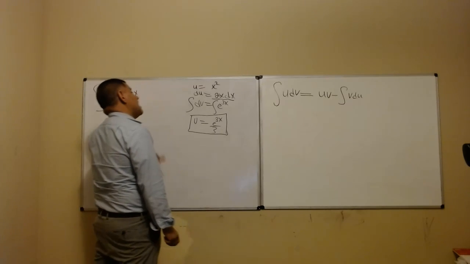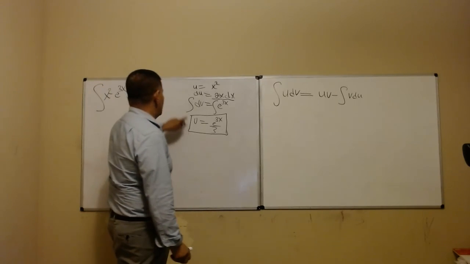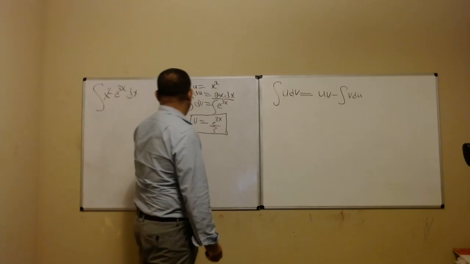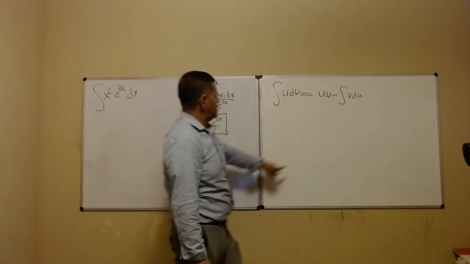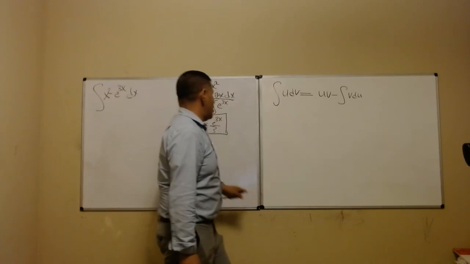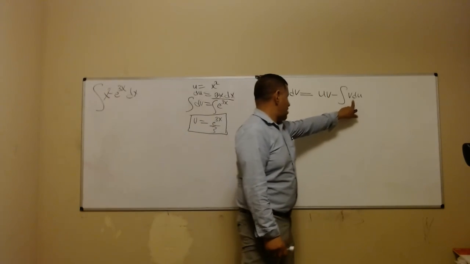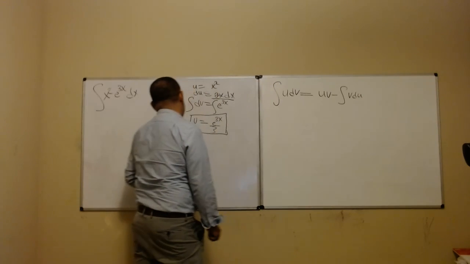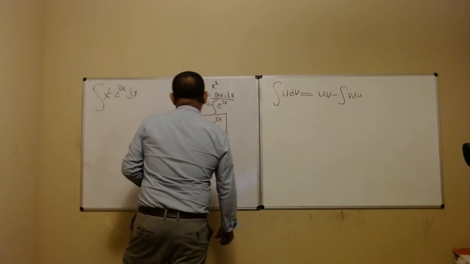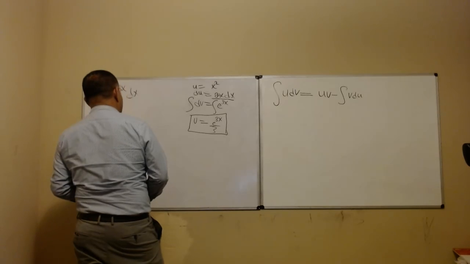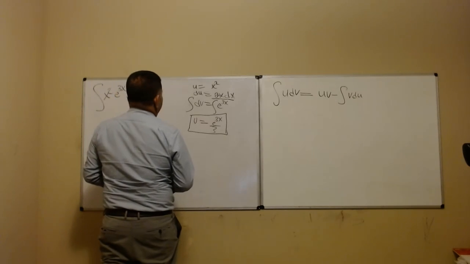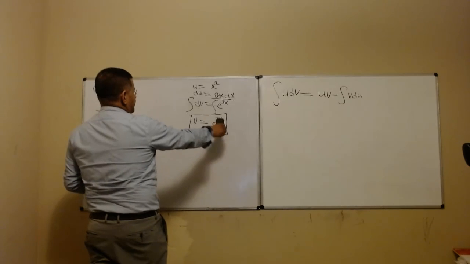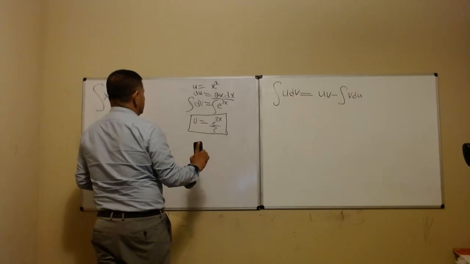Okay, so we have a u, we have v, and we have a du here. Let's get started. Let me write this up there so I get a little more room.